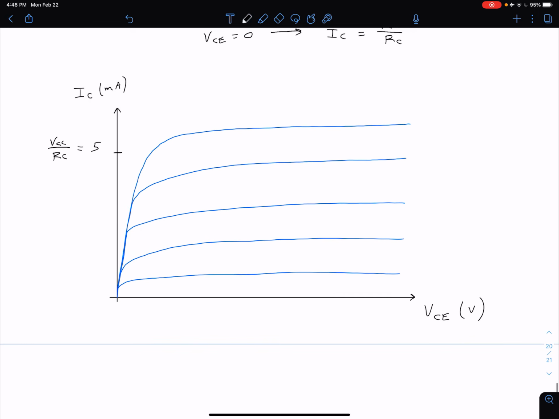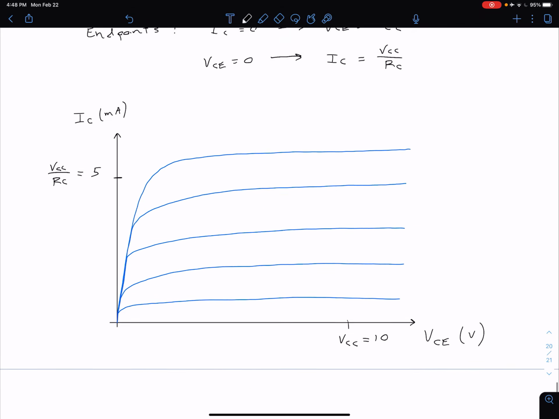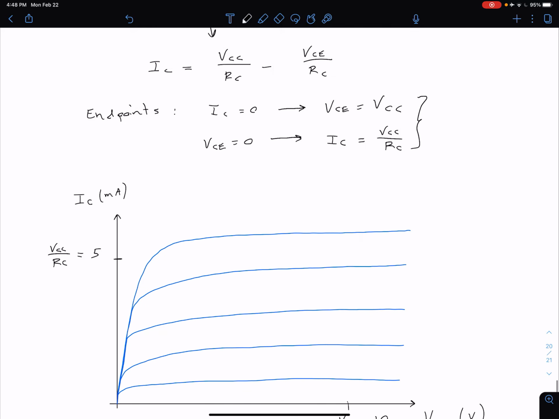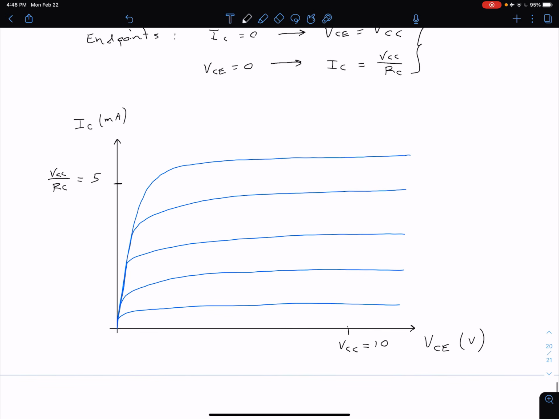The other endpoint is going to be over here, and this is our VCC, which is equal to 10 volts in that previous circuit. I'm just using these two endpoints from our generalized KVL equation. Again, this is a linear relationship, so we can draw our load line between these two points. We get something that looks like that.